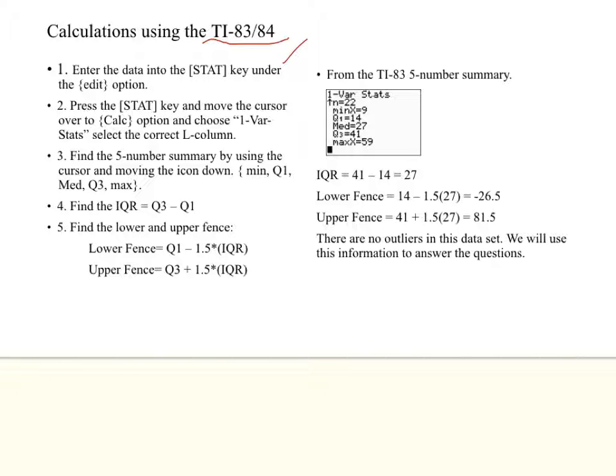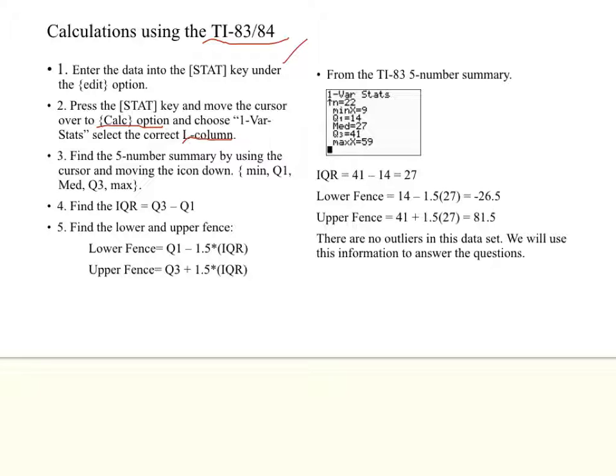Once you have the 22 different pieces of data, you can press the stat key again and move over to the calculate option. From there, you choose the one variable stats and select the correct L column that your data is in.